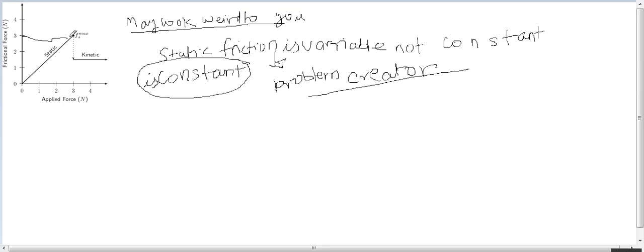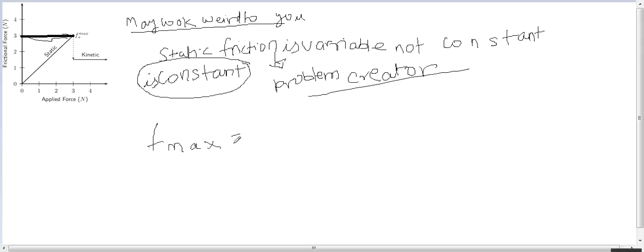People want to know what this maximum value should be, and we can easily calculate it.